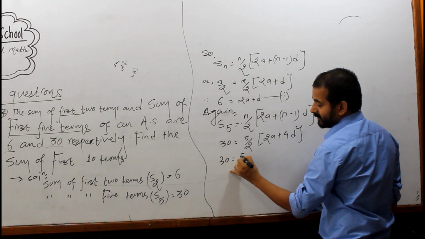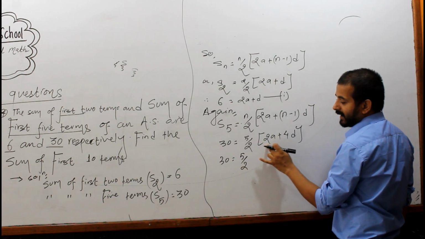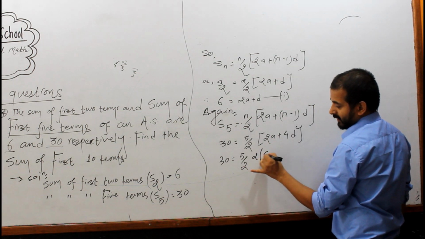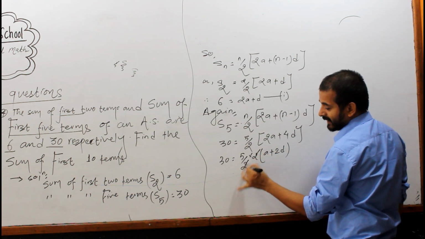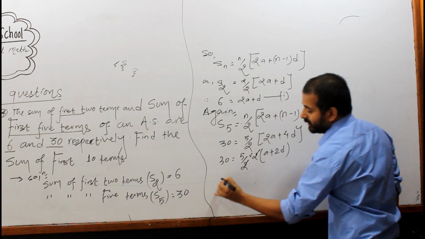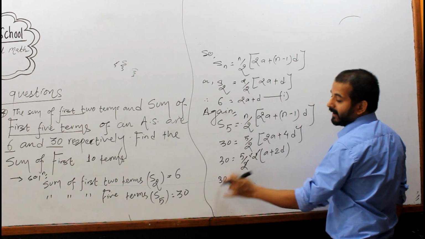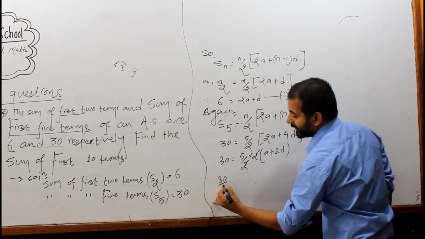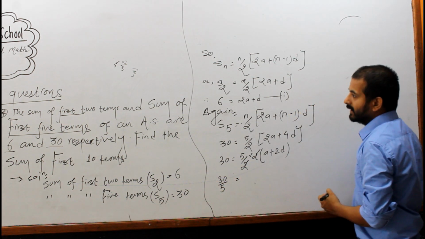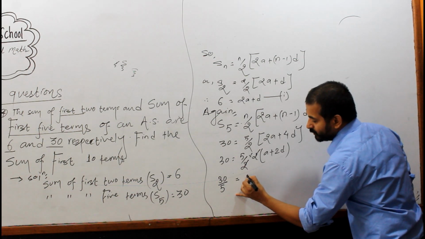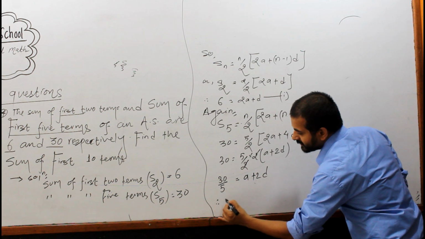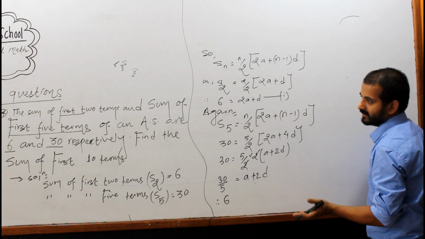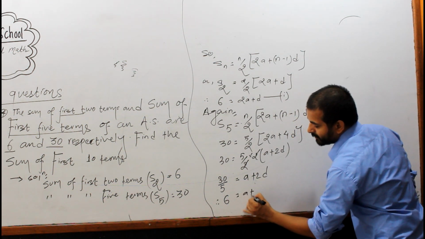Look, my students, you will get 2 as common, a plus 2d. Since they are common, we can cancel and make it simpler, and divide again. Remember, 30 by 5, that is 2a plus 2d, that is how much? 6 again. 6 is equal to a plus 2d.